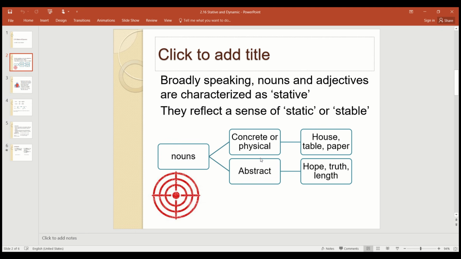Concrete or physical nouns describe whatever object there is in the world: a house, a table, a paper, a pen, a computer, whatever. And it could be an abstract noun describing an abstract concept like hope, truth, length, love, hate, emotions, and such things. But in both cases, whether concrete or abstract, usually they are stative.